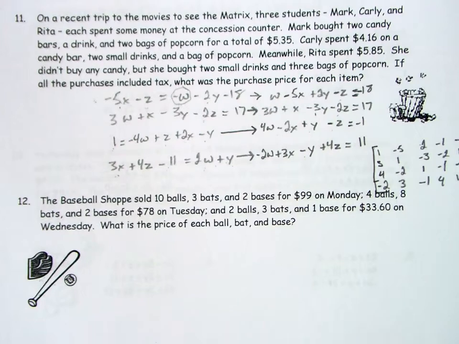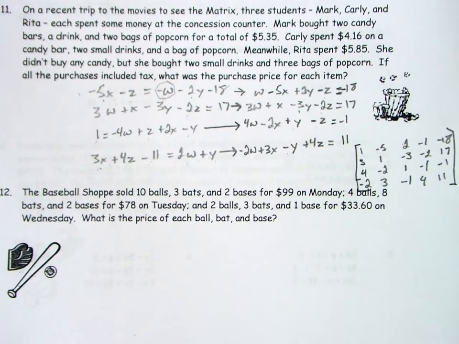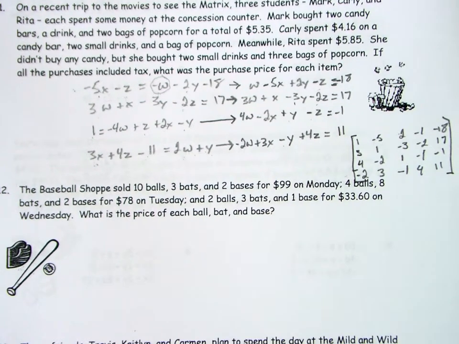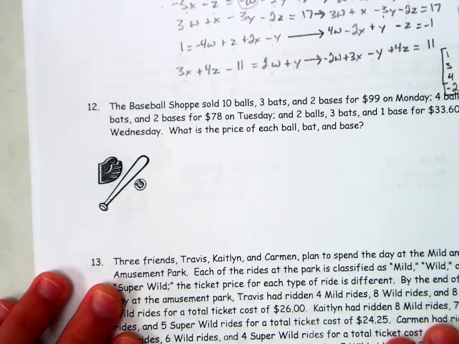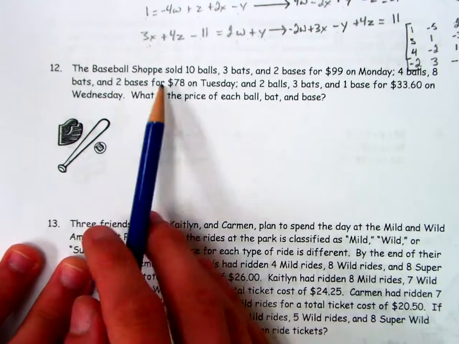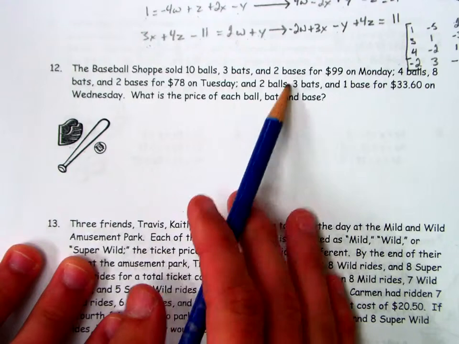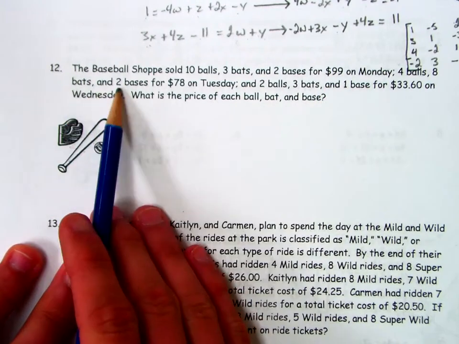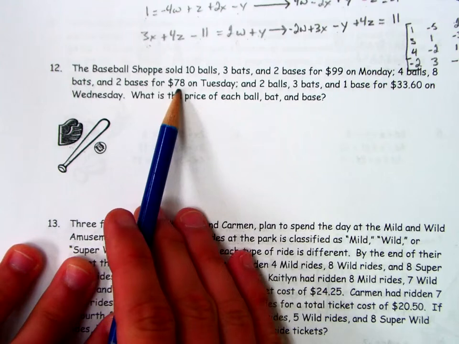I need 2, negative 3, 1, negative 1. And then I need negative 1, negative 2, negative 1, 4. And then I need what they equal: negative 18, 17, negative 1, 11.